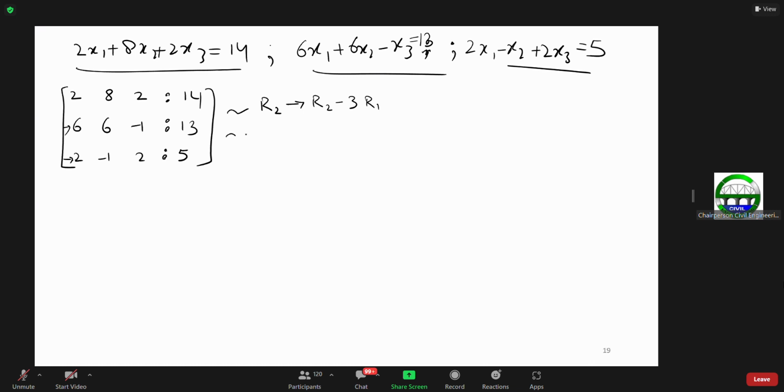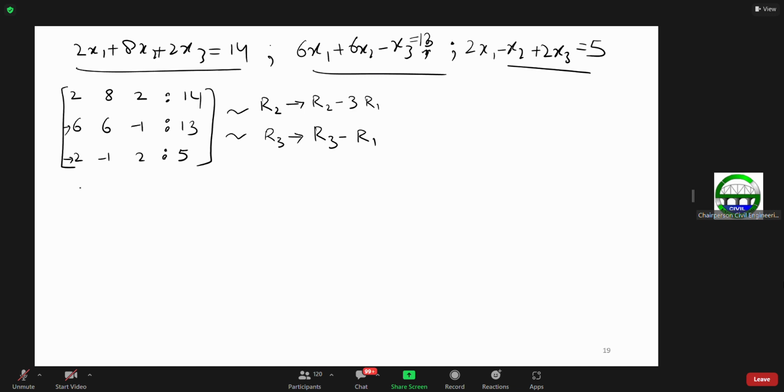And if I want to make this one 0, what am I going to do? Can anyone tell me the operation for R3? Yes, R3 minus R1.